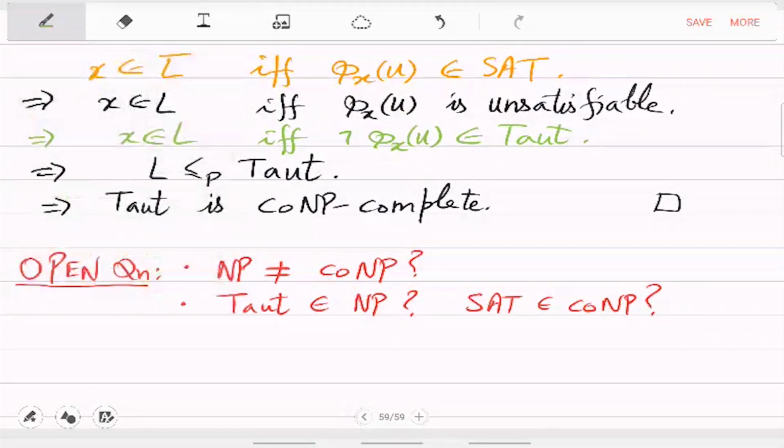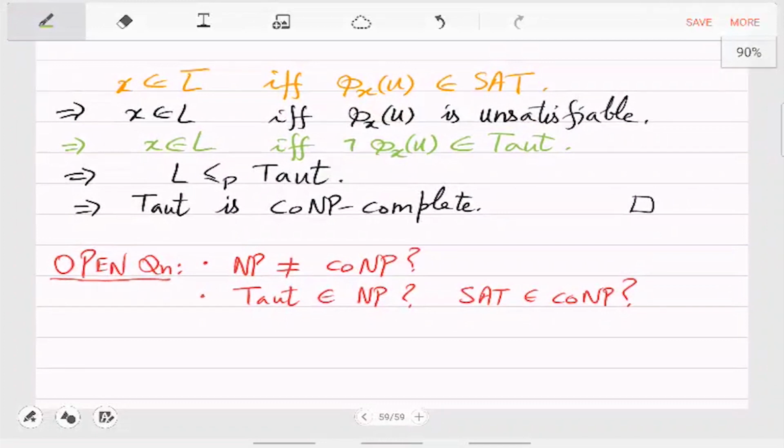Also, if it turns out that co-NP and NP are the same, then one can study polynomial systems better.